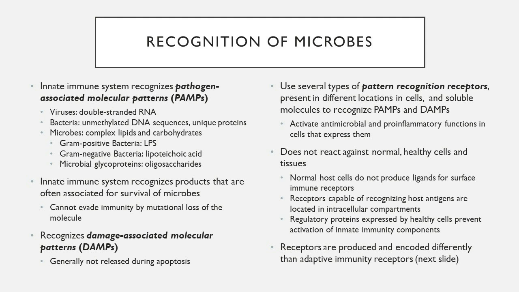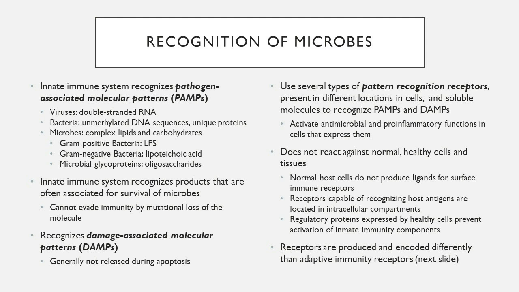Now, in order to recognize these patterns, cells have pattern recognition receptors to recognize PAMPs and DAMPs. Cells express these pattern recognition receptors at various parts of the cell, such as the cell surface, intracellular vesicles, and even the cytosol, because these are all areas where you might have a virus or a bacteria. Now, most importantly, the cells of the innate immune system do not react against normal, healthy cells.